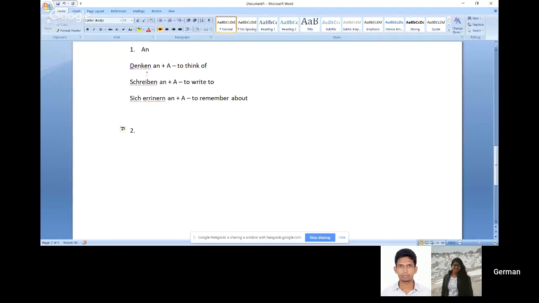Is it clear, or do you want to practice? Okay, take two reflexive verbs, sich freuen, to be happy about, and sich waschen, to wash oneself. So use these two verbs and make sentences, so you would be clear with reflexive verbs.